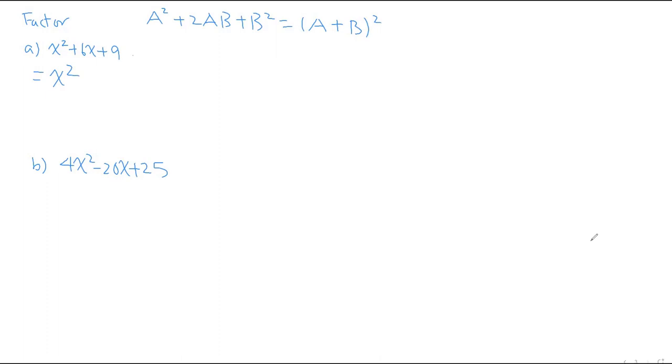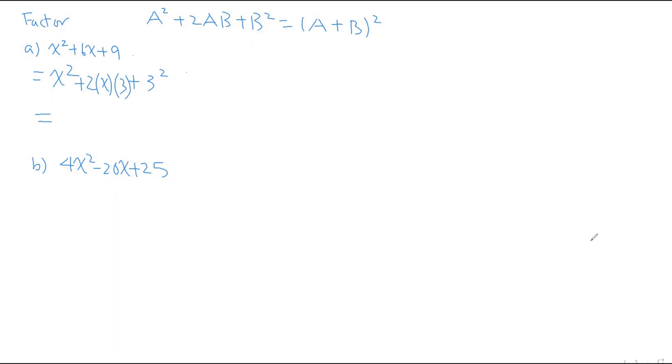This 9 is 3 squared. And then the middle term should be 2 times a, which is x, times b, which is 3. Let's check if this is 6x. Yes, 2x times 3, that's 6x. So this is the right one.